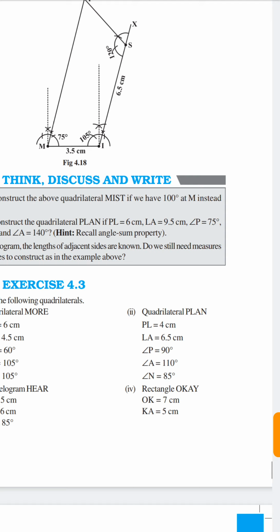Here we have angle P, angle A and angle N. Then the next angle will be angle L. So angle L can be obtained by subtracting the sum of these three from 360 degrees. It means 360 minus 90 plus 110 plus 85. 90, 110, 200, 285, and if we subtract 285 from 360 we get 75 degrees.